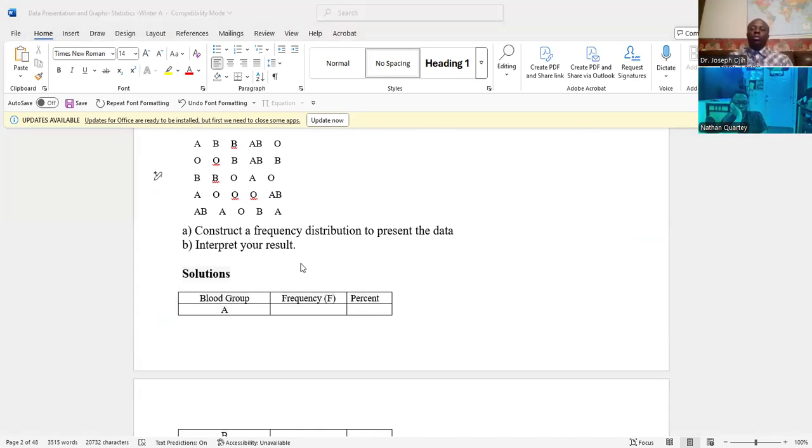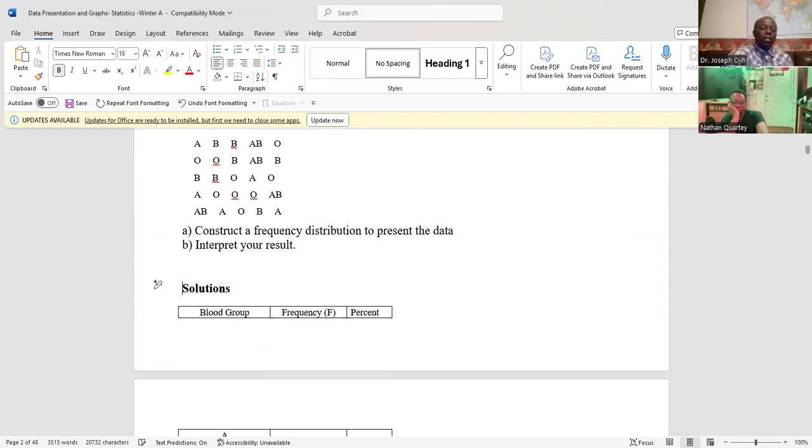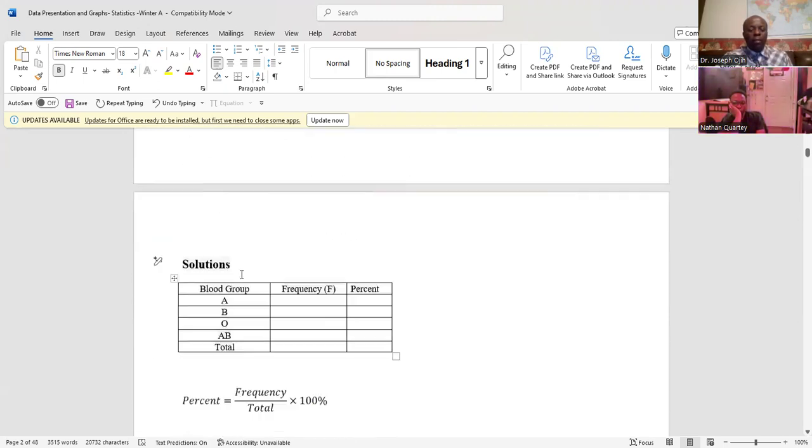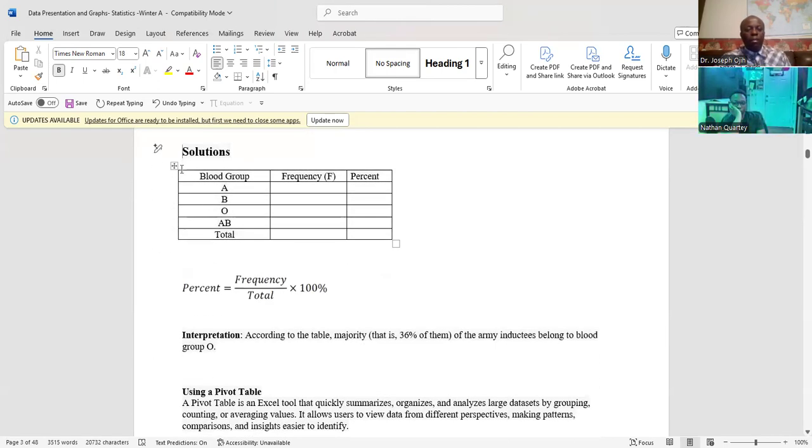The first thing is to put it in table form. These are the blood groups, and they belong to 25 army inductees. So you make it in the form of a table, and make it a little bit bigger.